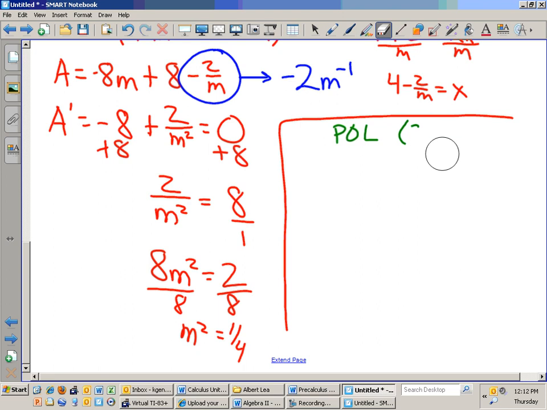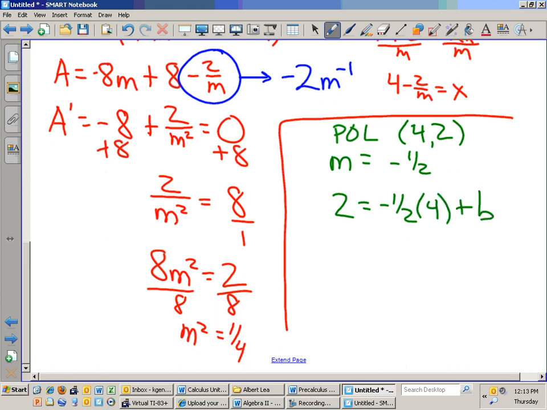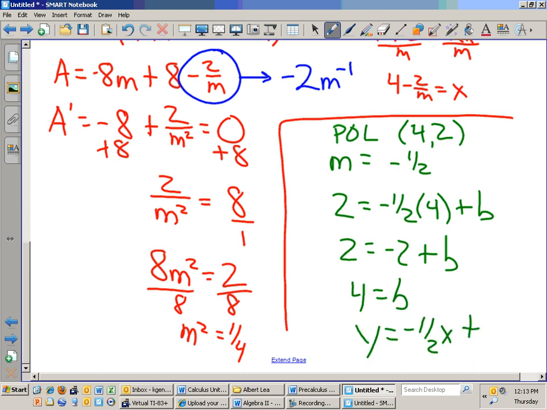What is it? 4, 2. And our m is negative 1/2. So y equals m times x plus b. 2 equals negative 2 plus b. 4 is equal to b. Y equals negative 1/2 x plus 4.